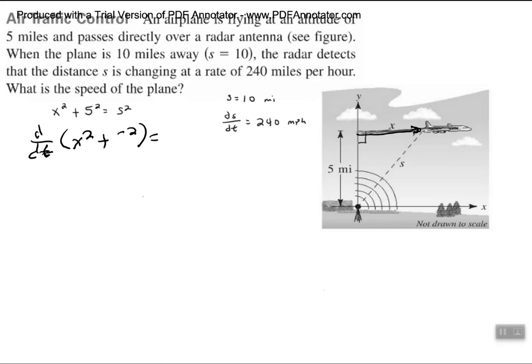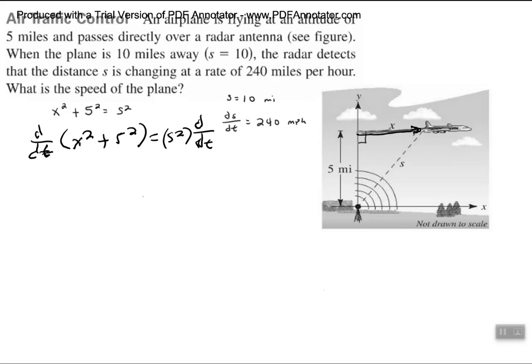All right, so x squared plus 5 squared equals s squared, then d/dt of both sides. So let's find the derivative of both sides.